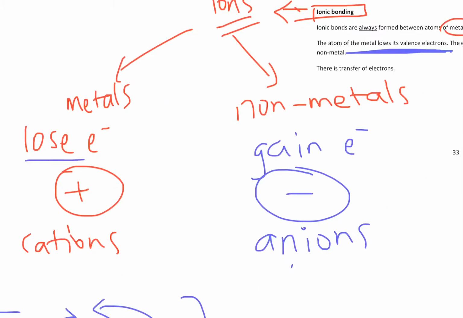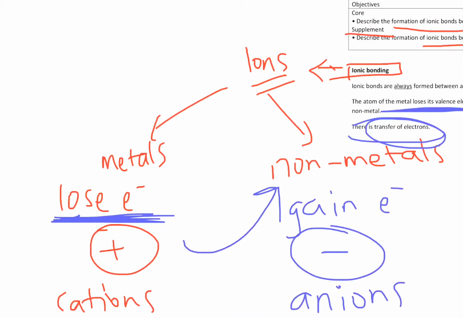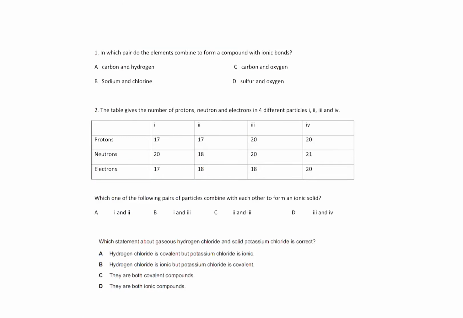The electron lost by the metal will be gained by the non-metal. So there is a transfer of electrons. So metals say, well, I have electrons in excess, I'm not going to use them. And non-metals say, well, I lack electrons, so give them to me. So there is transfer of electrons.